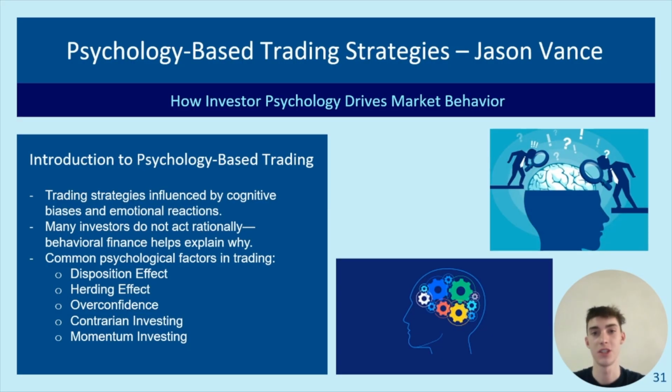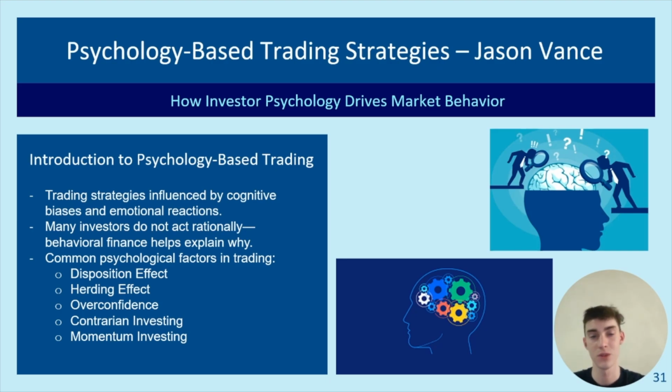I'll be covering psychology-based trading strategies, how emotions and biases influence market behavior. Traditional finance assumes rational investors, but real-world decisions are driven by psychology. Behavioral finance explains why investors don't always act logically. Today, I'll focus on 5 key biases that impact trading. The disposition effect, selling winners too early and holding losers too long.